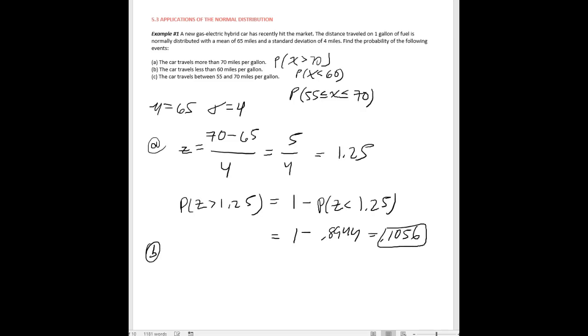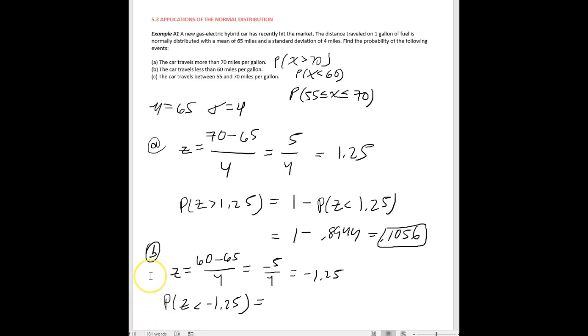B, a car travels less than 60 miles. Let's first find our z-score. 60 minus 65 over 4 is equal to negative 5 over 4, which is equal to negative 1.25. And we want to know the probability that z is less than negative 1.25.